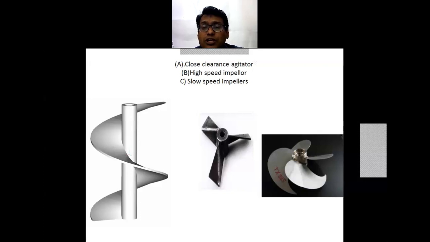So all these are your purposes. Depending on this purpose, the selection of the type of impeller depends, and the generated flow pattern helps to fulfill this purpose.